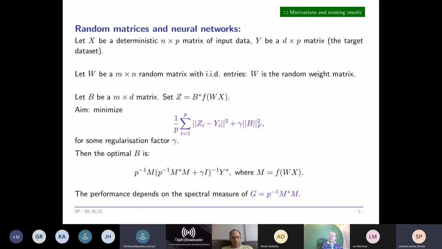And then, because this is a linear interpolation, we can compute the optimal matrix B. And we get this formula on almost the last line.